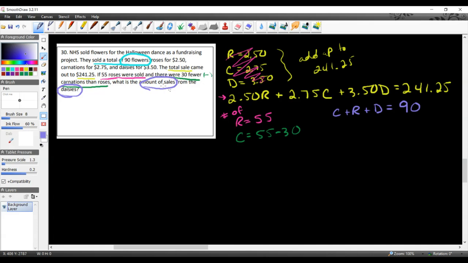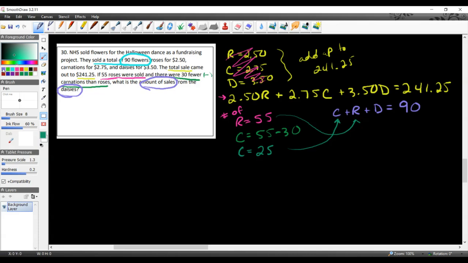So R is 55. C would be, let's see, 55 minus 30 is going to be 25. Okay, so we know R, we know C. We just have to find D. So we're going to plug these in to find D. Add them up and subtract.